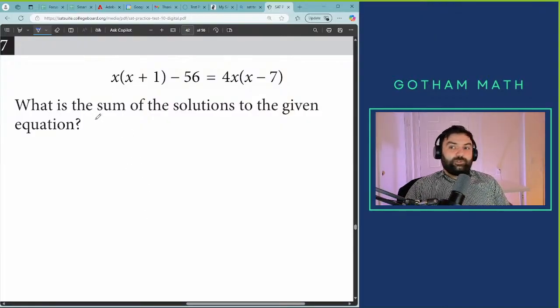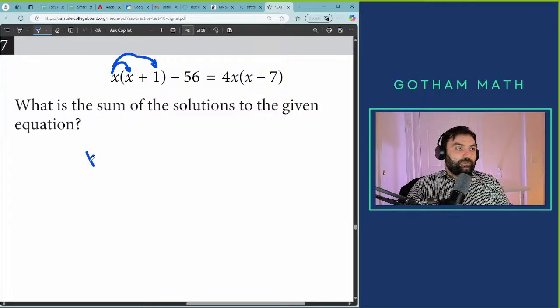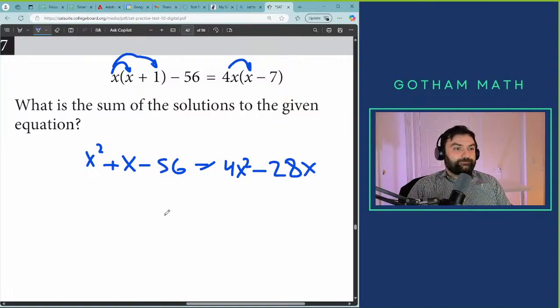All right. So that specific question: what is the sum of the solutions to the given equation? All right. So distributing, it's going to be x squared plus x minus 56 equals 4x squared minus 28x.